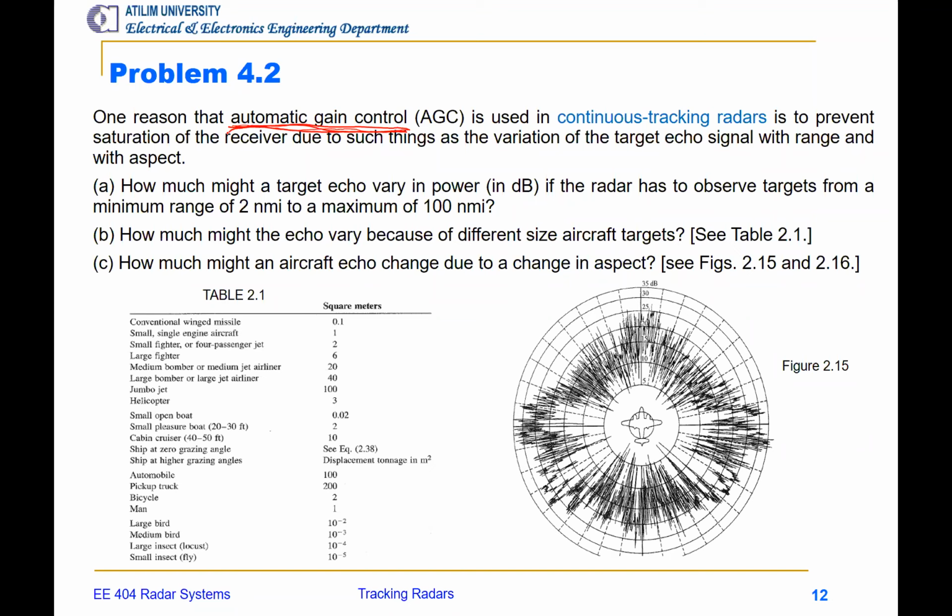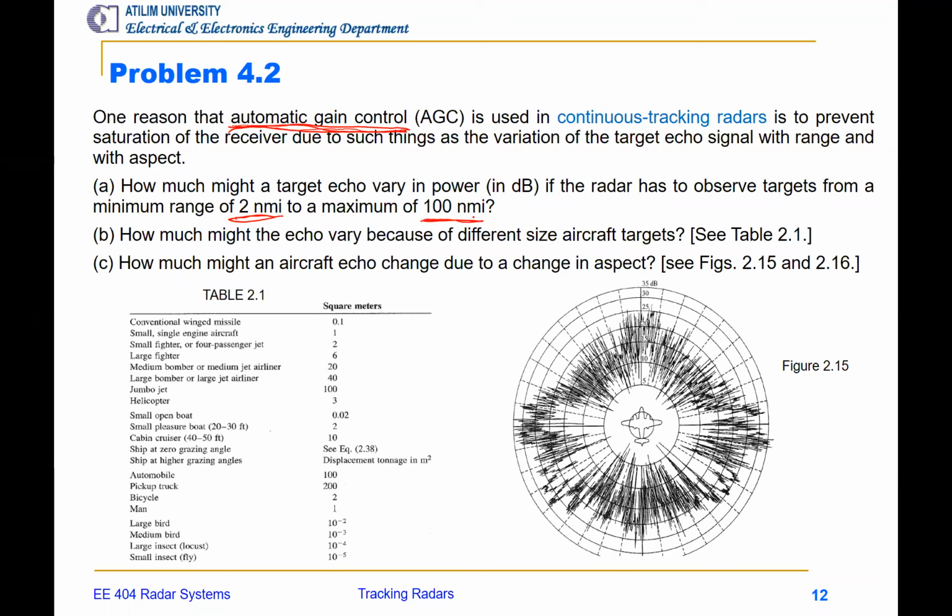And in this problem, you are asked to compare the power of the echo signal or target echo from targets at different distances. If it is at 2 nautical miles or if it is at 100 nautical miles, how much difference in power do we expect?